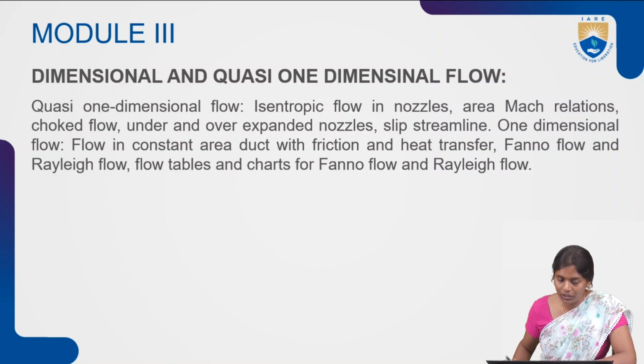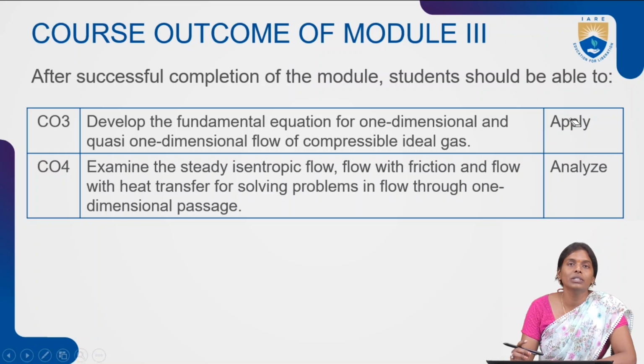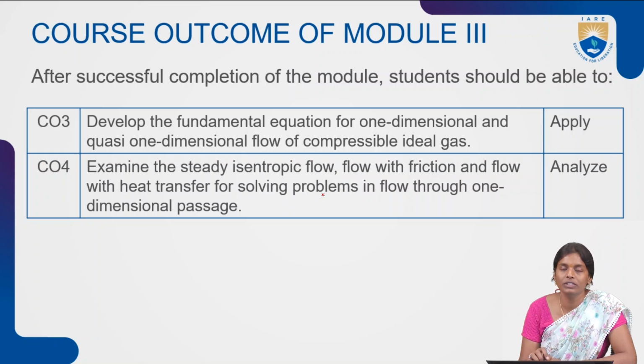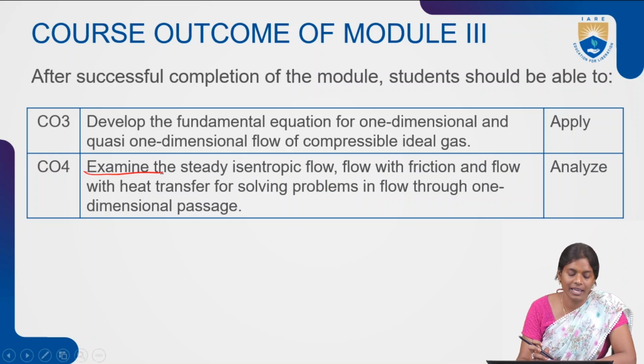So by the end of the third module, what is the outcome for the students? They will be able to develop the fundamental equations for one-dimensional and quasi-one-dimensional flow for a compressible ideal gas. So the Bloom's taxonomy level is the apply level. And after this, the student will also be examining the steady isentropic flow with friction and heat transfer for solving problems in flow through one-dimensional passages. So the keyword here is examine.